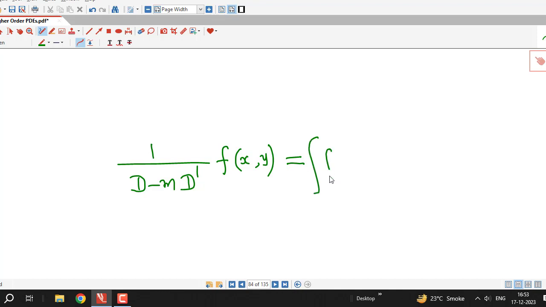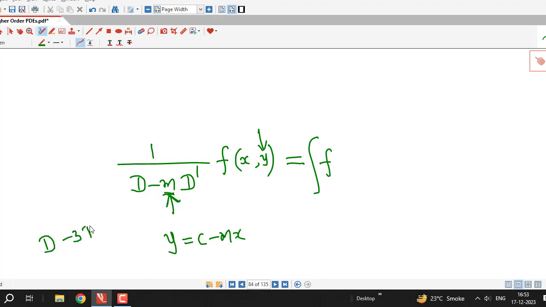For the time being, you must be familiar with how we have derived this formula, and you have to remember this formula: 1 over (D minus mD') operated on f(x,y), where there is no restriction on f(x,y). Here we replace y by c minus mx, where we have to compare our factor with D minus mD' and find out what m is.